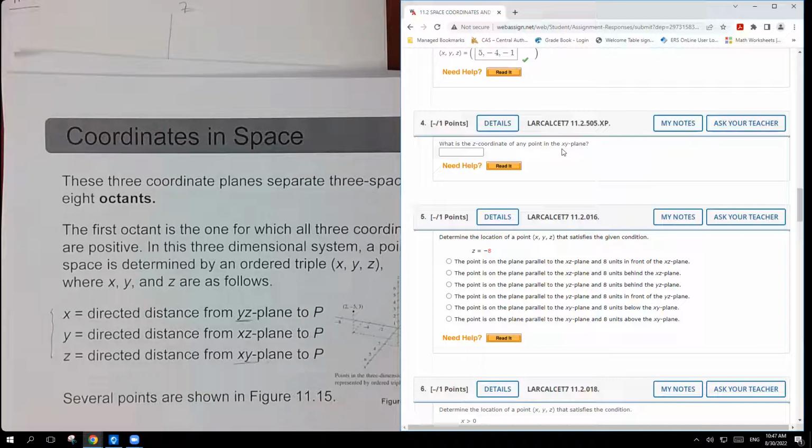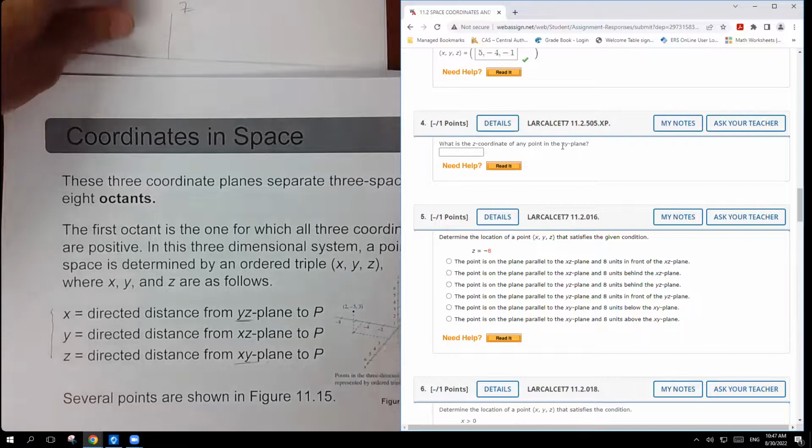We would have to use the XY plane. Yes, because they're telling you. So if I give you a point on the XY plane, how much is the Z? It would be -8, 8 units below.